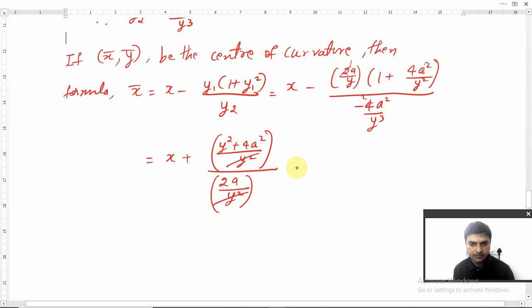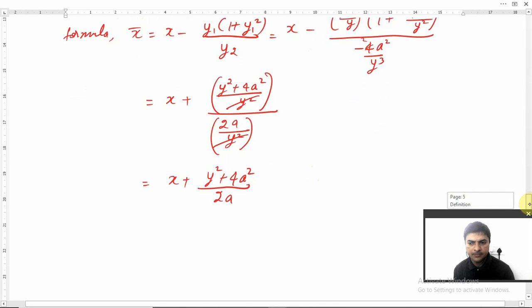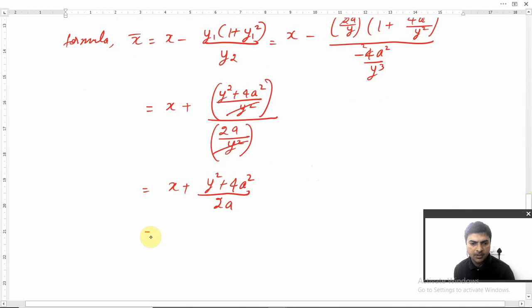Therefore you will get x bar is equal to x plus (y square plus 4a square) divided by 2a. If you want you can simplify this further, easily you can simplify. So this will be equal to, yes, 2a will take on this side, so this is going to become 2ax plus y square.